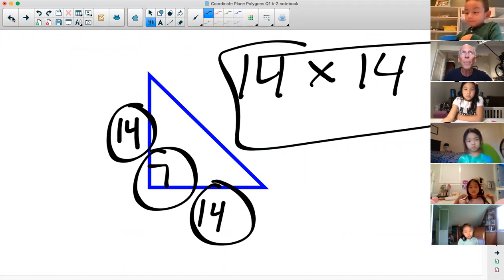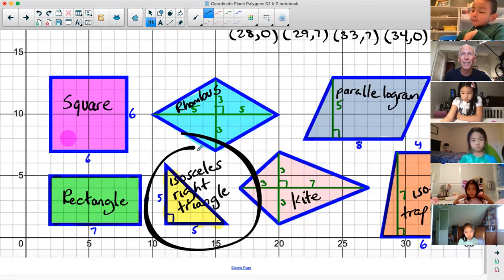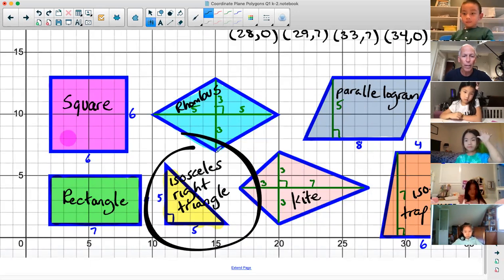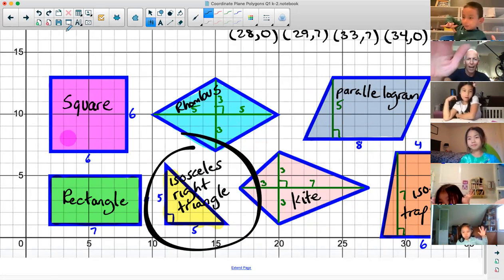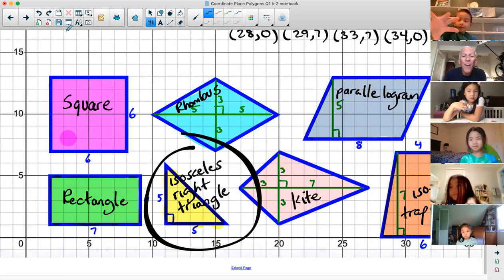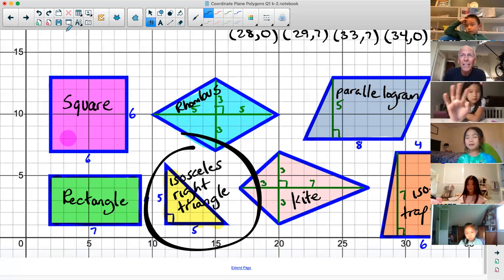So you should be able to name this isosceles right triangle by its dimensions. Who can do that? Go, Valerie. 5 by 5. Everybody give Valerie 5 right now. It's a 5 by 5 isosceles right triangle.